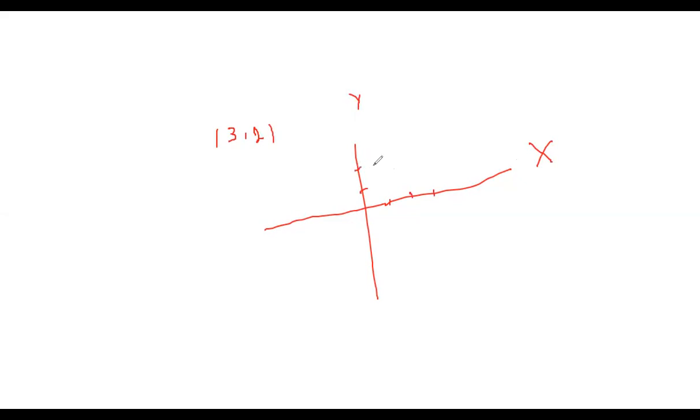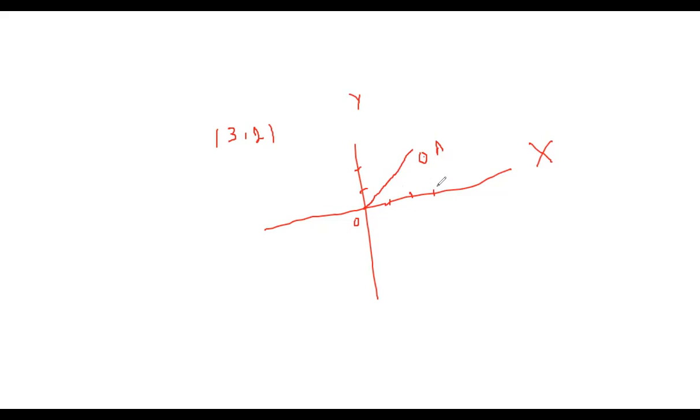So you will come here. Probably you will get the point of intersection over here, and this is the origin, and this is the point A. And student, when you draw the vector, you will get a line like that. This is the vector.